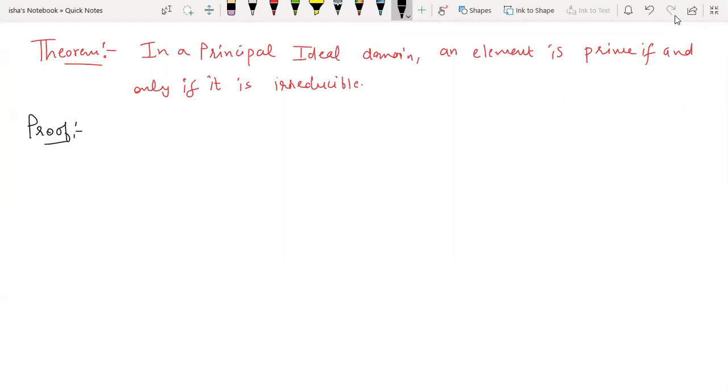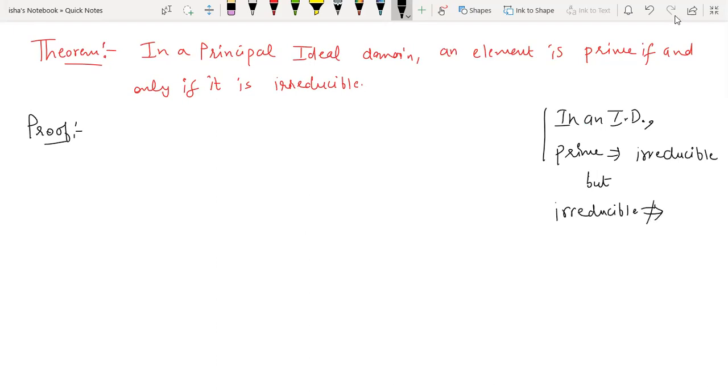The theorem is telling you that in a principal ideal domain, an element is prime if and only if it is irreducible. In general, we know the result which we saw yesterday and proved, that in an integral domain, prime implies irreducible, but through examples we saw irreducible does not imply prime.